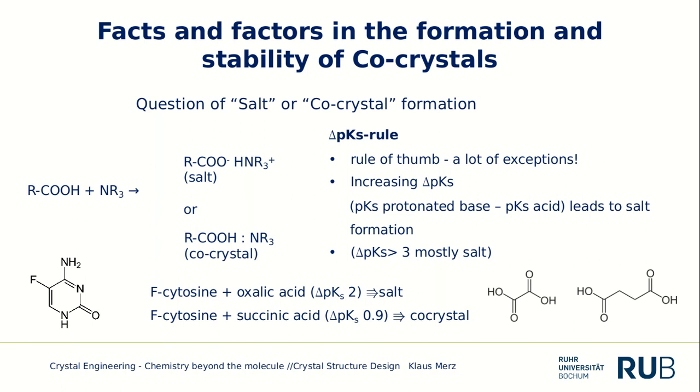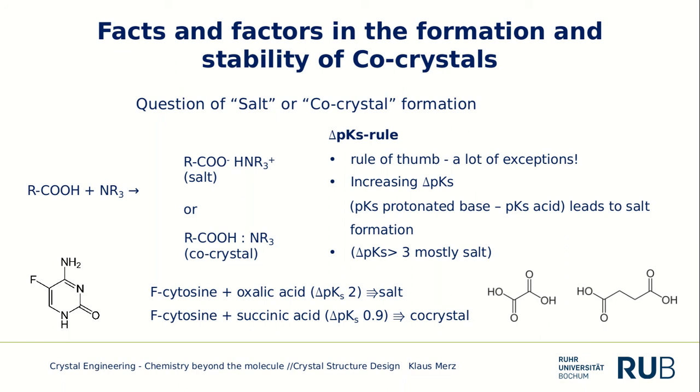The question is, how can you distinguish between a salt and a co-crystal? Well, you can say I make a single crystal structure analysis, but very often you are not able to get single crystals, or you do not have the possibility to measure, and so on.